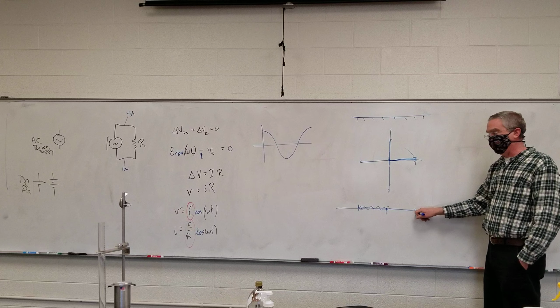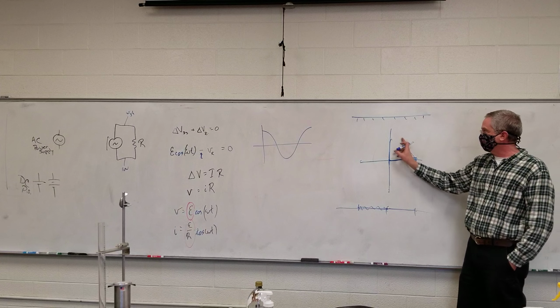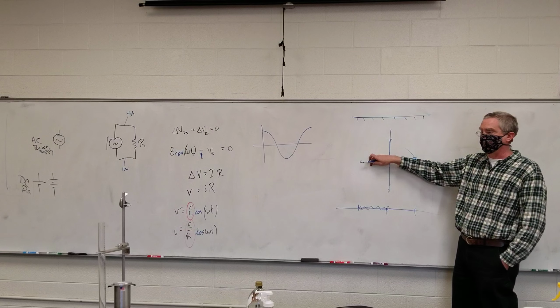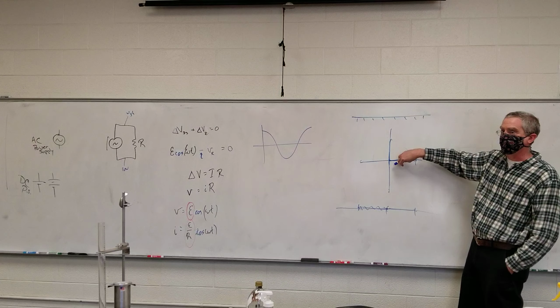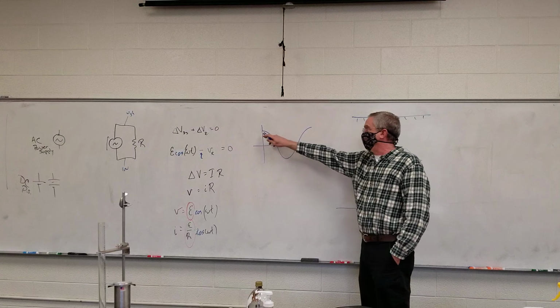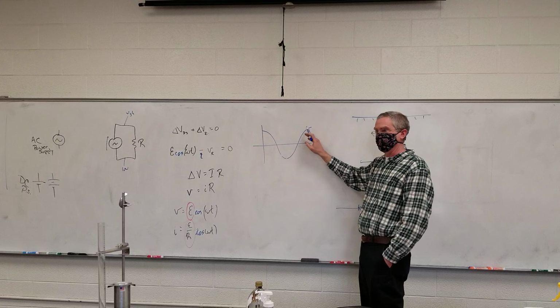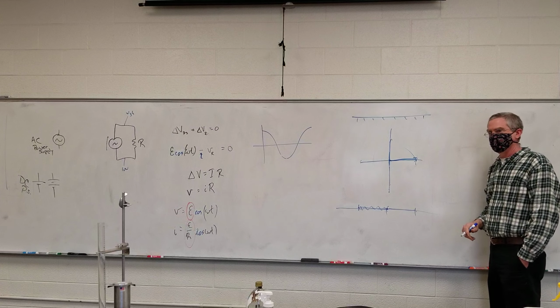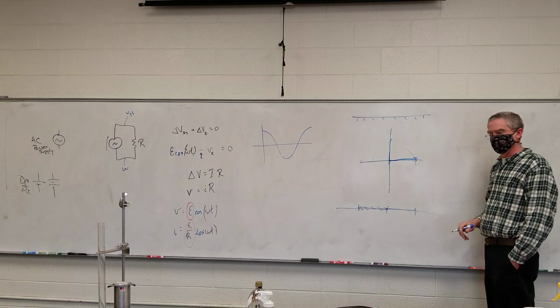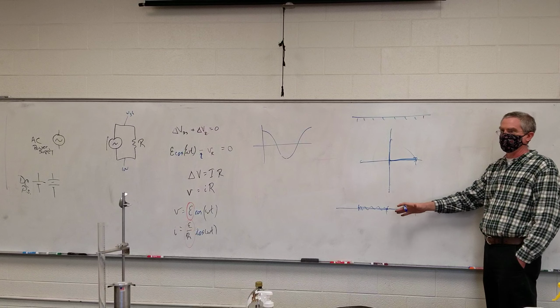So I get maximum positive shadow, 0, maximum negative shadow, 0, maximum positive shadow. That makes sense. This is known as a projection, you're projecting onto the horizontal axis.